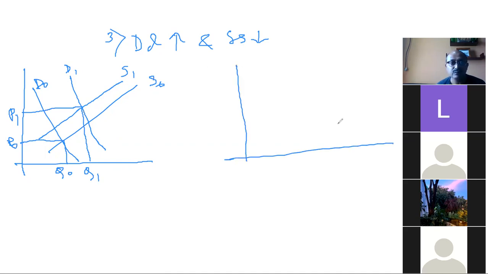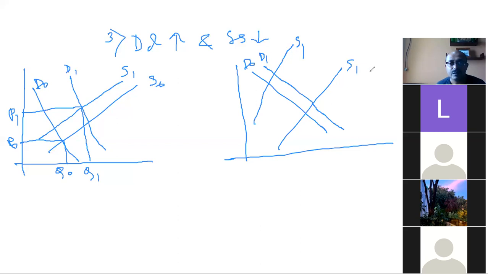Now we can do the other way around, when increase in demand is less but decrease in supply is high. You are moving from this point to this point. Here, see, price will go up.